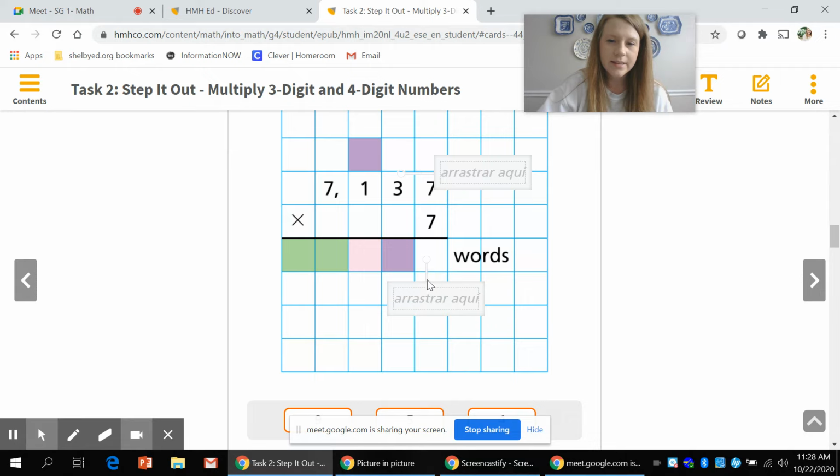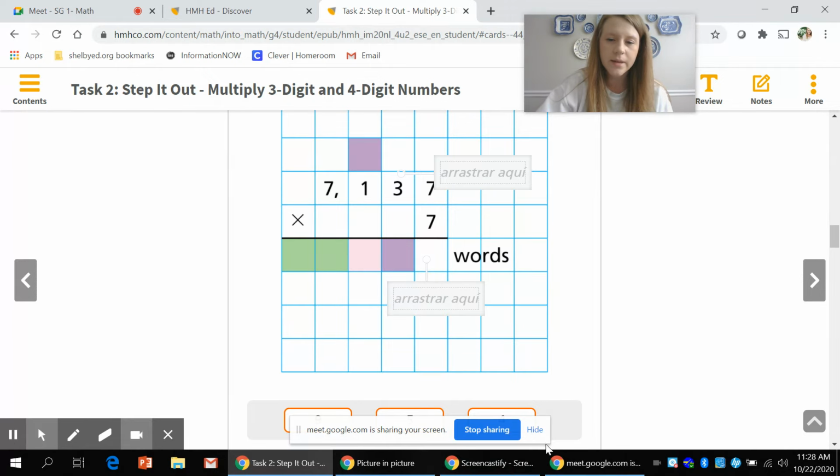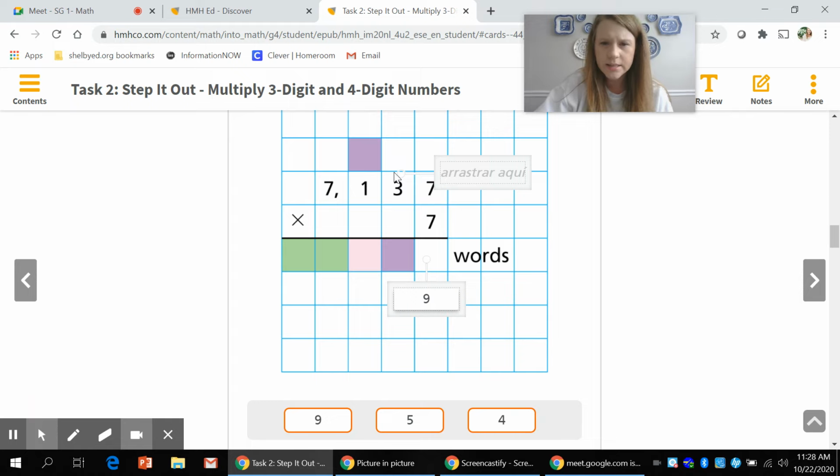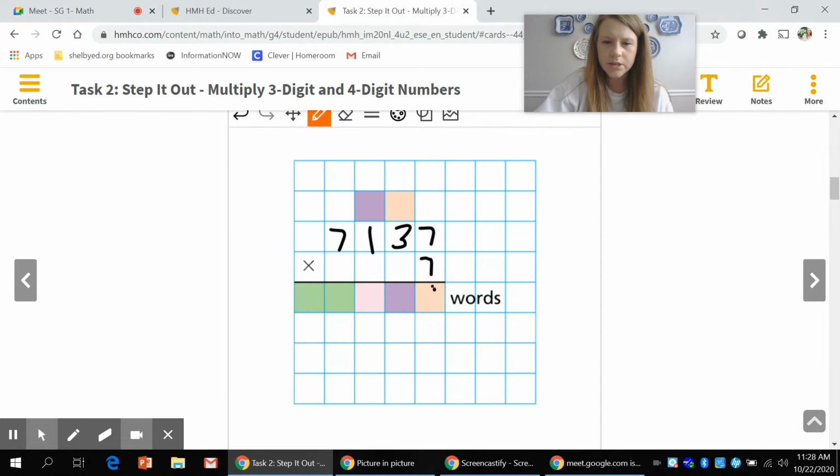Okay. So we're going to put the 9 right here under the ones place. The 9 goes right here. And then what are we going to carry into the next place? Yeah, the 4. I'm actually going to do it right here because that other one's confusing.